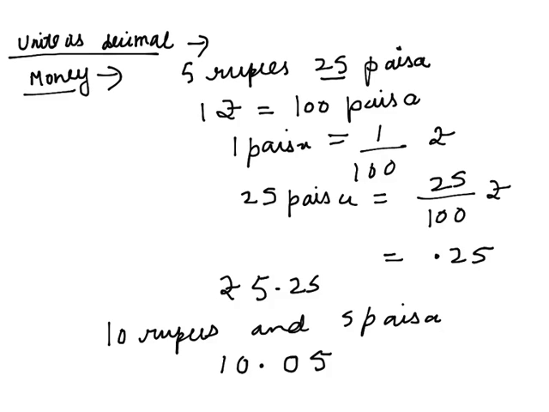We have 5 paisa here, which is 5 by 100 rupees, so we get 0.05. To avoid any confusion, we can write it like this. Next in this we have length.